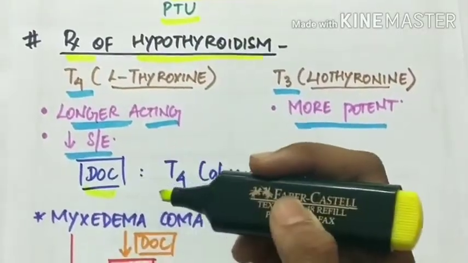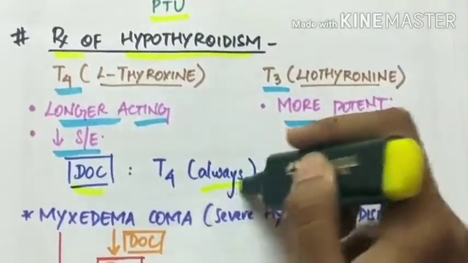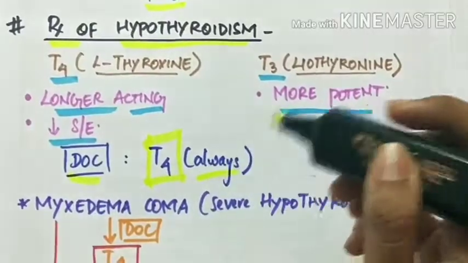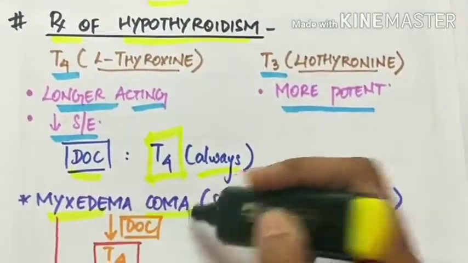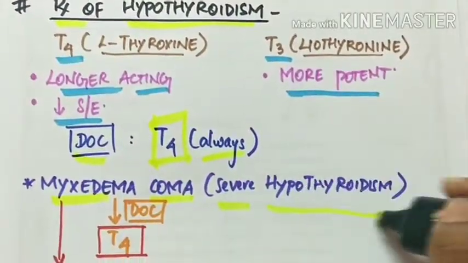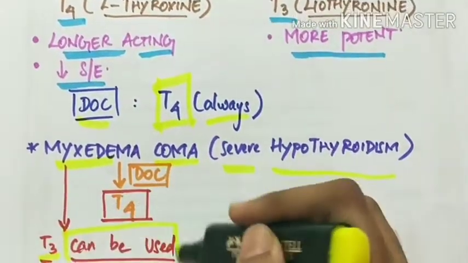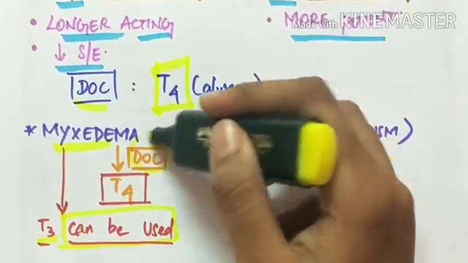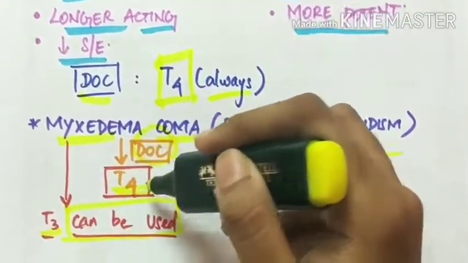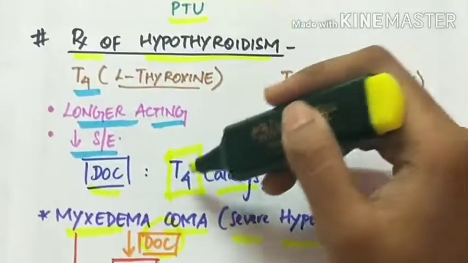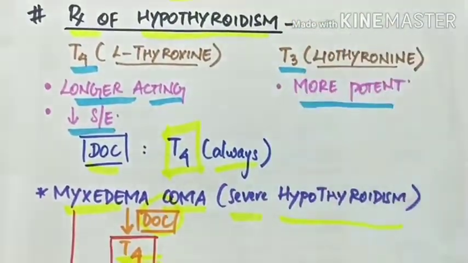The drug of choice for hypothyroidism is always T4. In case of myxedema coma, that is severe hypothyroidism, T3 can be used, but the drug of choice still remains T4. So for the treatment of hypothyroidism, the drug of choice is always T4 only.